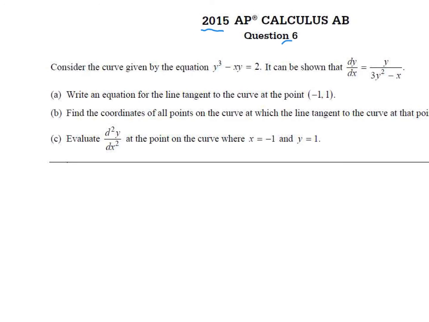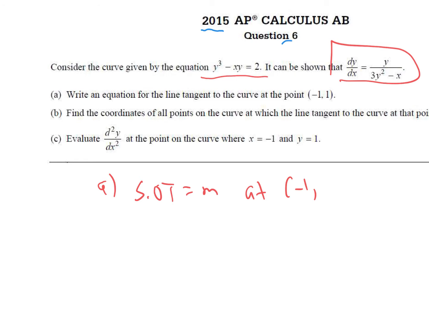Consider this implicit function. We already know the derivative right here. Good. A says, write the equation of the tangent line for the curve at that point. So we need a slope of tangency, which is my m. Well, there it is. And he gave me a point at this ordered pair.